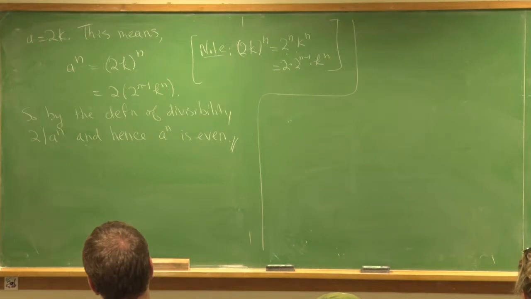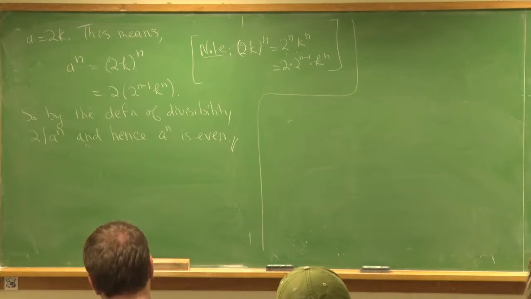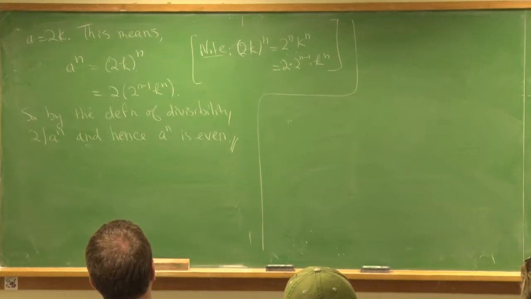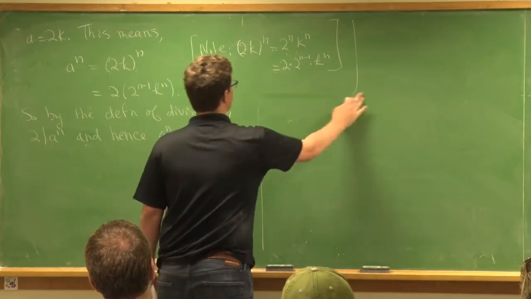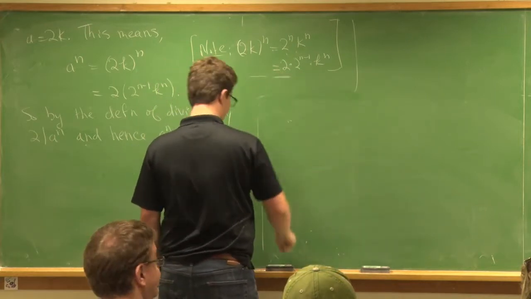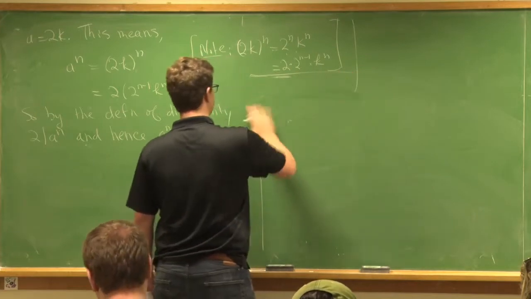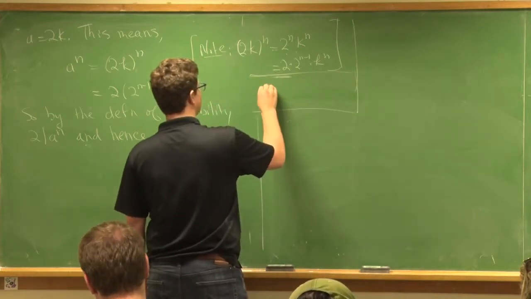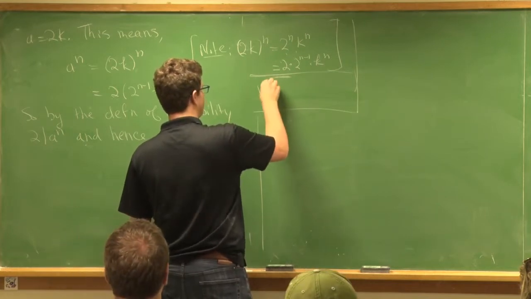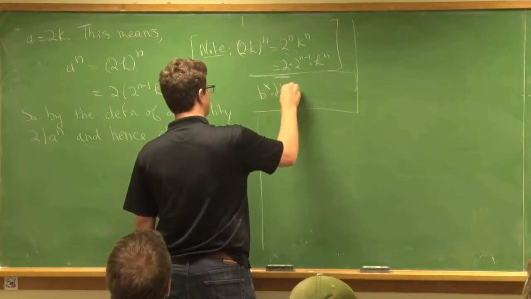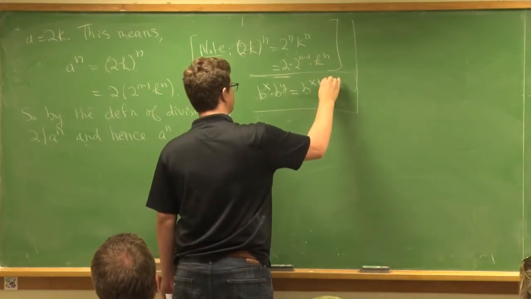Okay. All right, so from this line to this line? Yeah. Okay. So here's the rule that I used. If I have any base b, b to the x times b to the y is b to the x plus y.